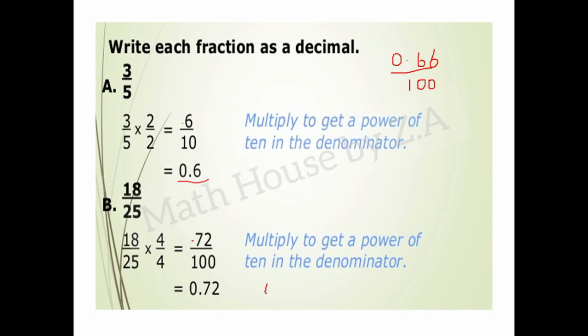If you convert this 0.72 into a fraction, you can see here the point converts into 1, and we have two numbers after this point, so we put two zeros, so it will become 72 over 100. So here you can see we had 72 over 100 and we write it as 0.72.